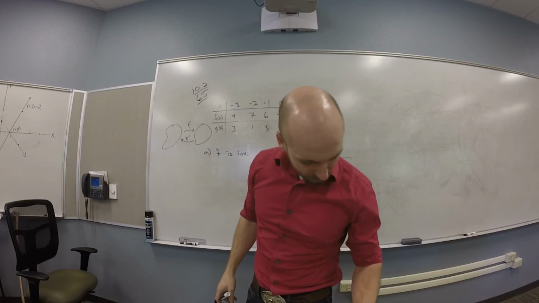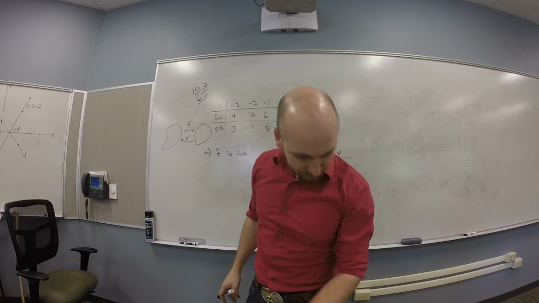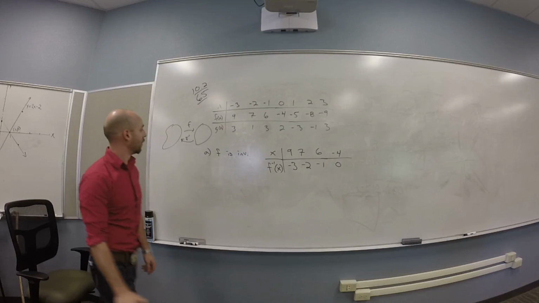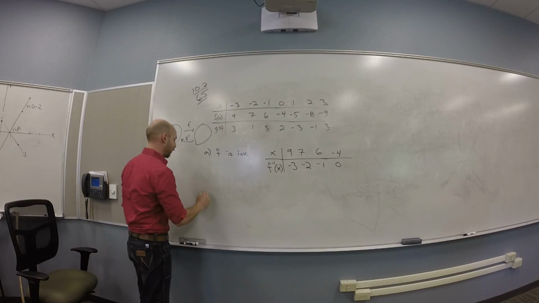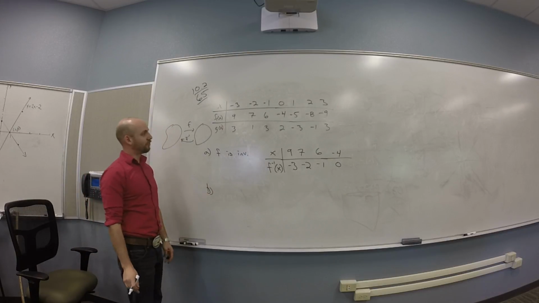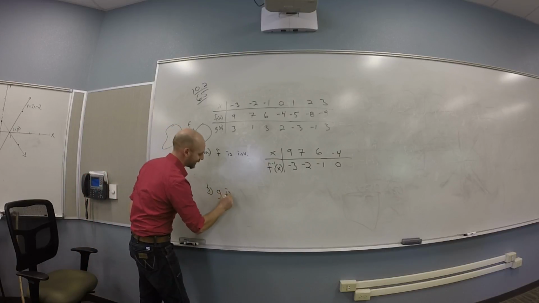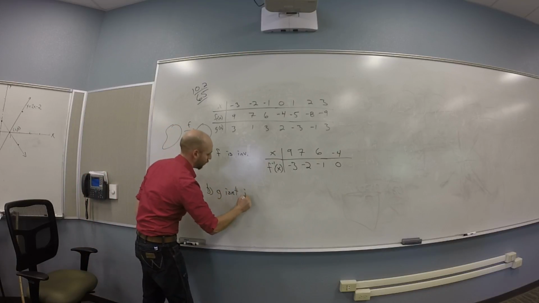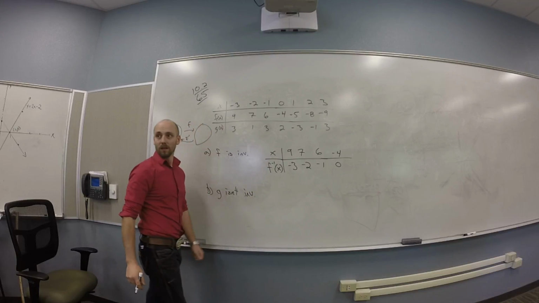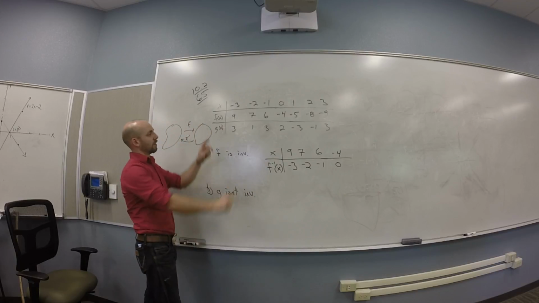So what's part B? Same question as part A, for the function g. So is g invertible? No. G isn't invertible. Why not? Because 9 and 6 would be multiple inputs.